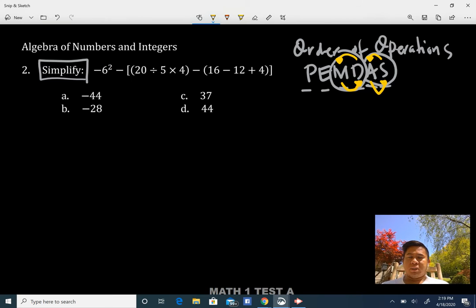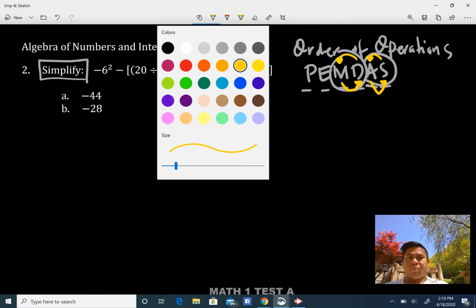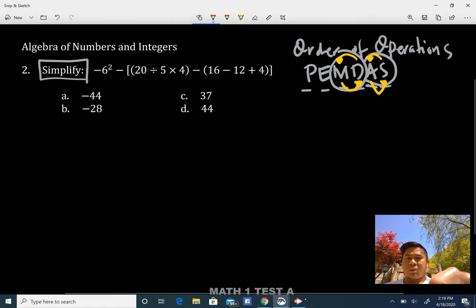But the parenthesis and the exponent should always be the first and the second considerations for solving our expression in here. So with this being said, we're going to start with letter P or parenthesis.